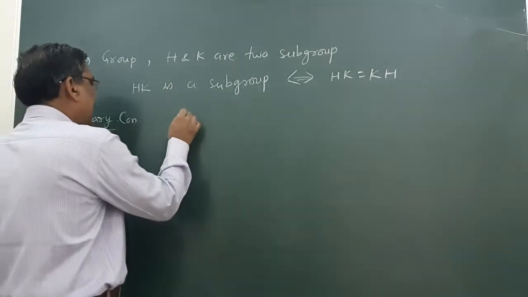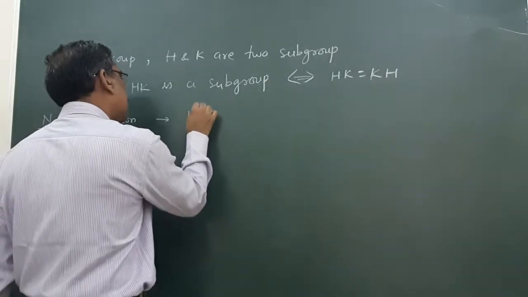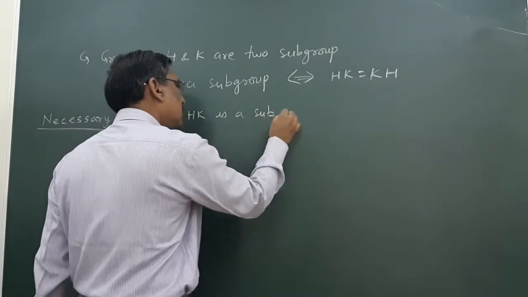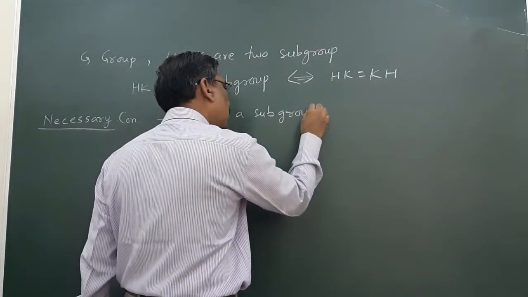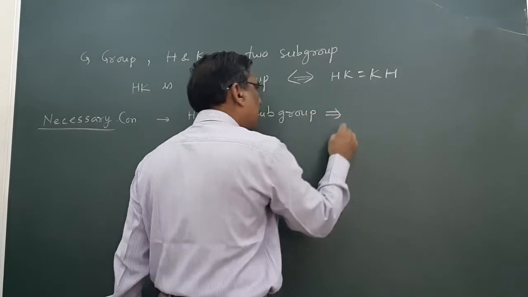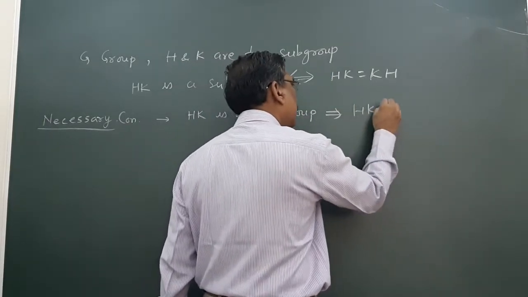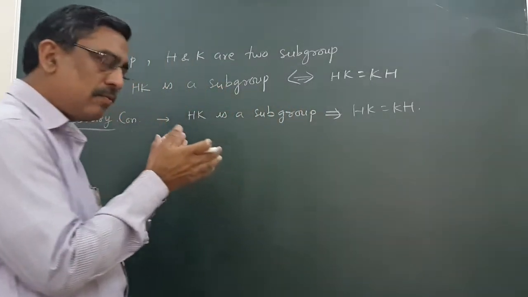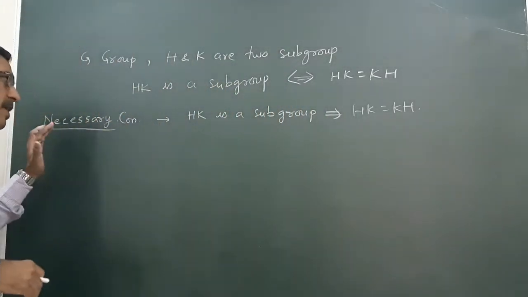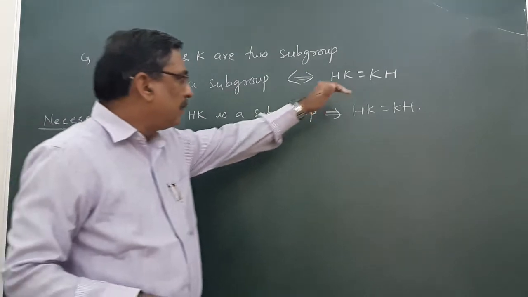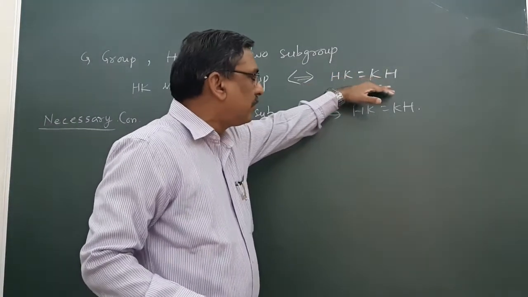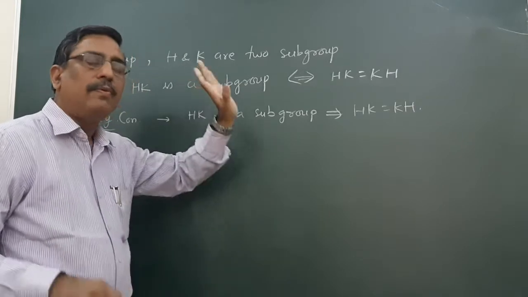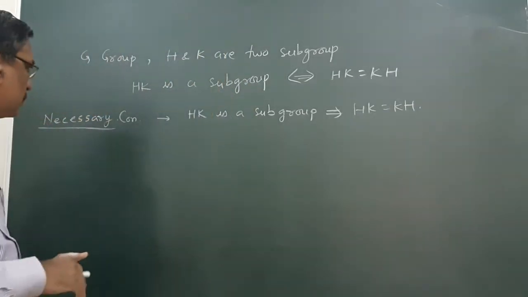So, let us take HK is a subgroup, and we need to prove HK is equal to KH. This is for the necessary condition. And in the sufficient condition, we are given HK is equal to KH and we need to prove HK is a subgroup. Later on we will prove that also.